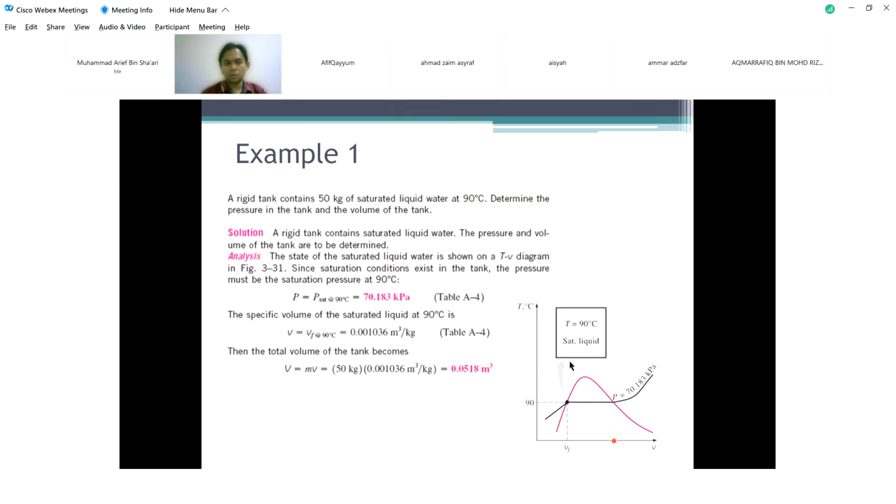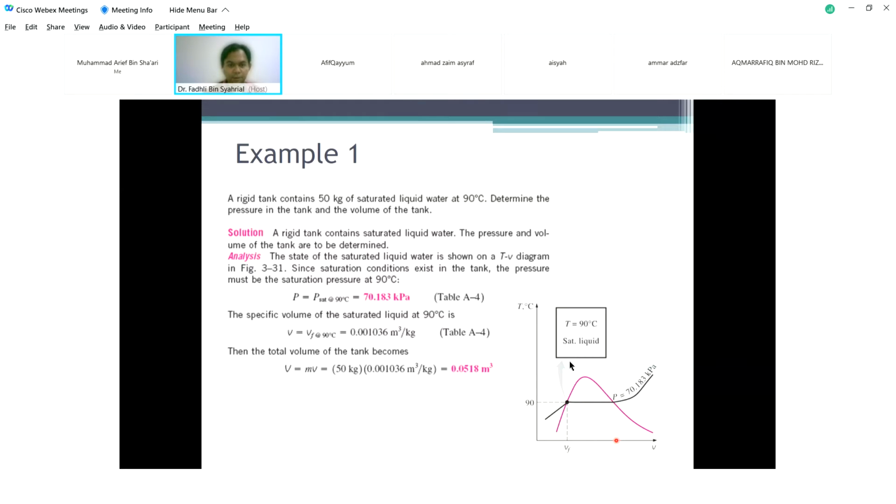So now the temperature, let's say, is 90 degrees C. Look at table A4 where temperature is constant, temperature table, at 90 degrees C, the value of this point Vg is 2.3593. Look at your own table, table A4, temperature table.